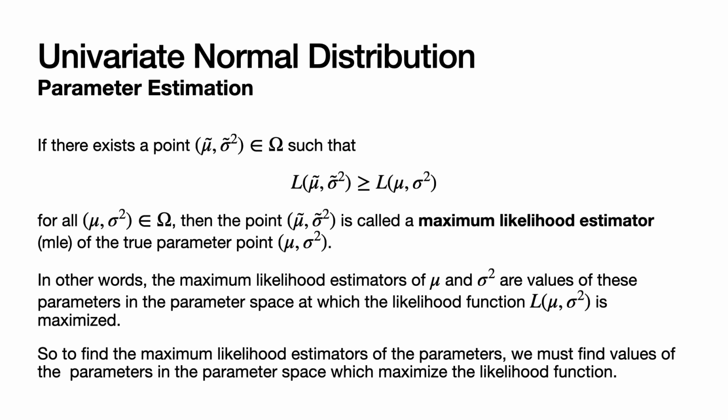In other words, the maximum likelihood estimators of mu and sigma squared are the values of these parameters in the parameter space at which the likelihood function is maximized.